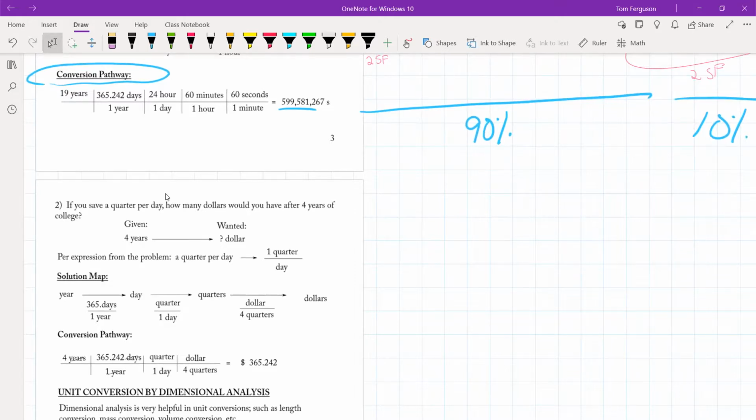Okay. Let's look at this guy. You save a quarter per day. How many dollars would you have after 4 years? Well, okay. What's given? 4 years given. And what are we trying to calculate? Dollars.